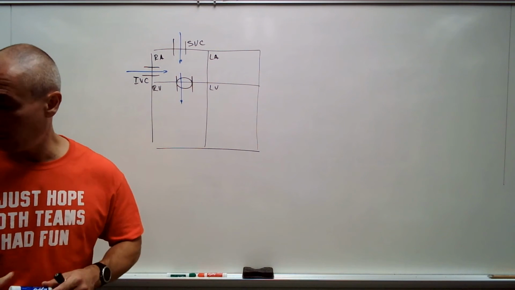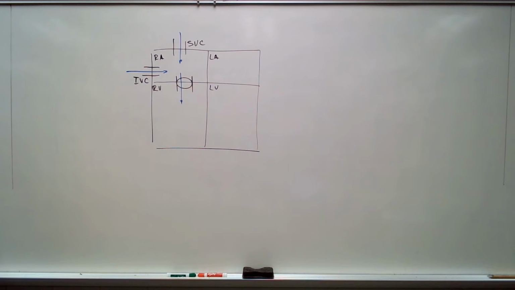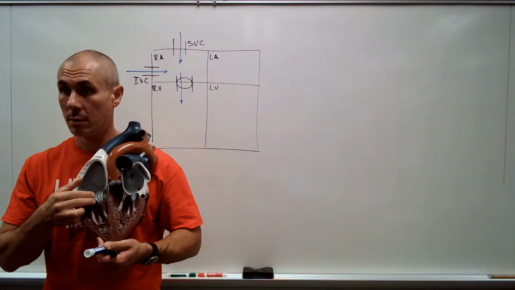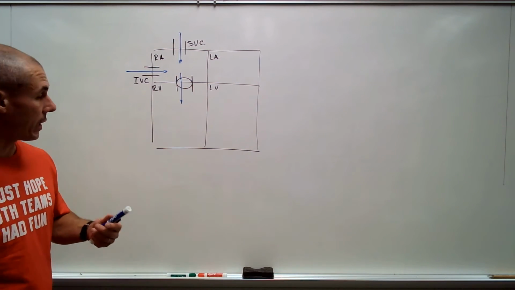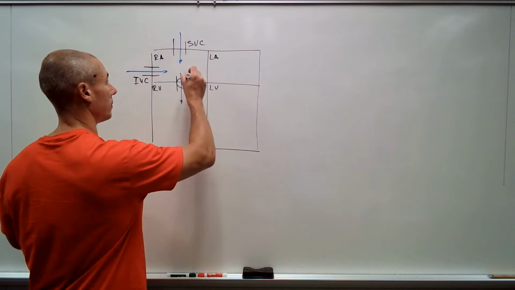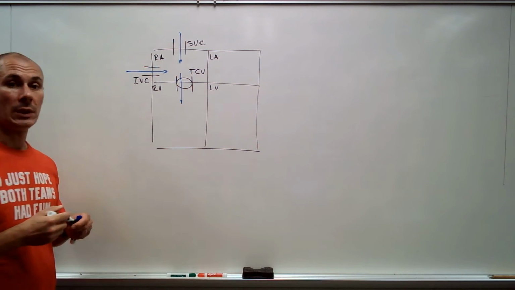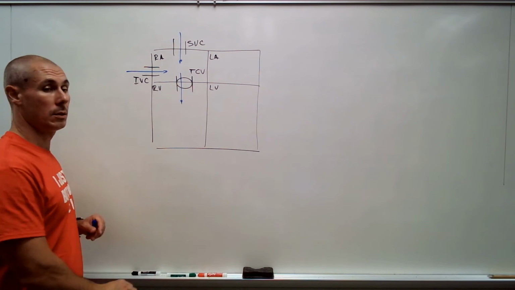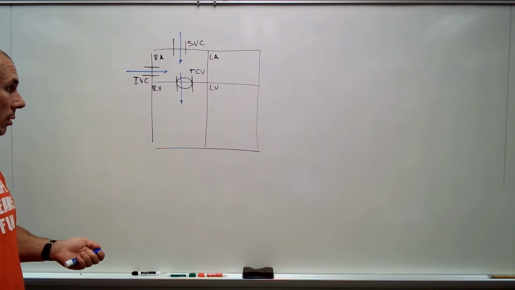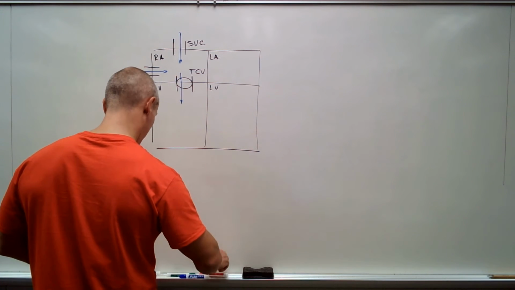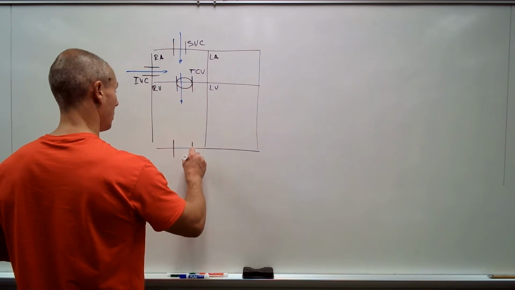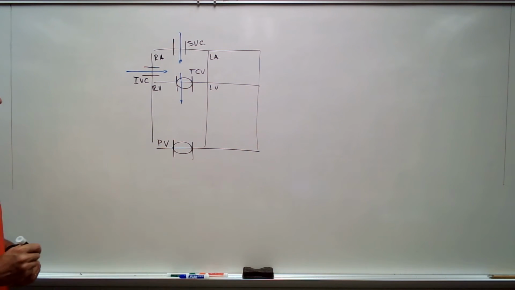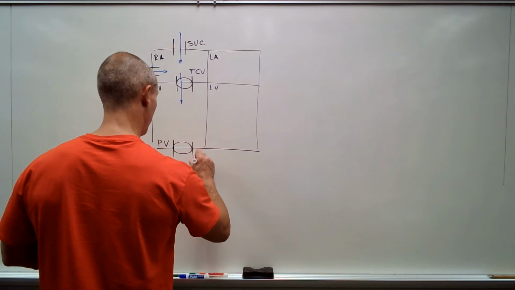So that valve that I showed you, this valve here, the tricuspid valve, separates right atrium and right ventricle. Once blood is in the right ventricle, it pumps it through the pulmonary valve into the pulmonary trunk.